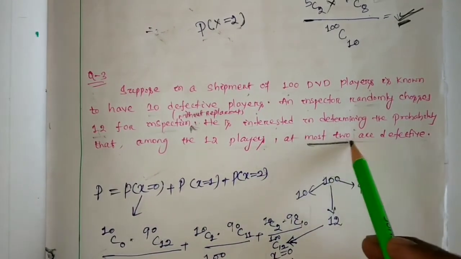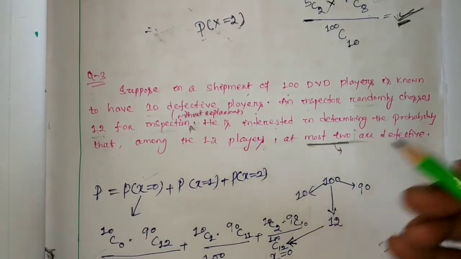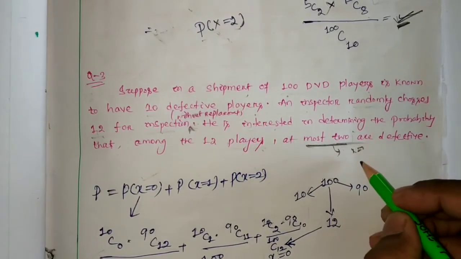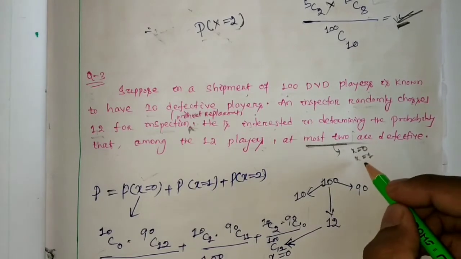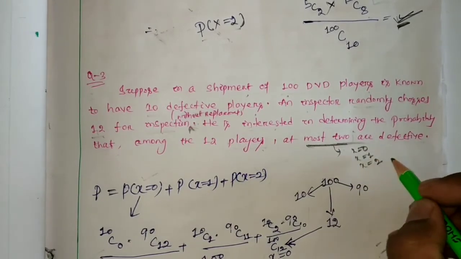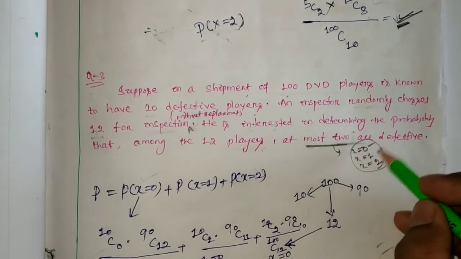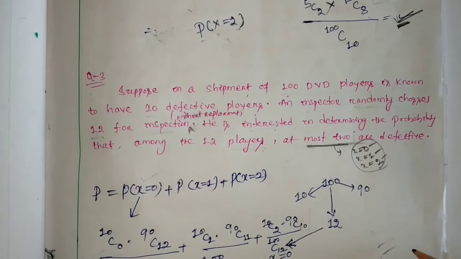Here, at most 2 are defective means if there is no defective, that is also acceptable. That means x equal 0 is acceptable, if 1 is defective it is also acceptable, and if x equal 2 it is also acceptable. So for x equal 0, 1 and 2, all these 3 possibilities are to be considered.